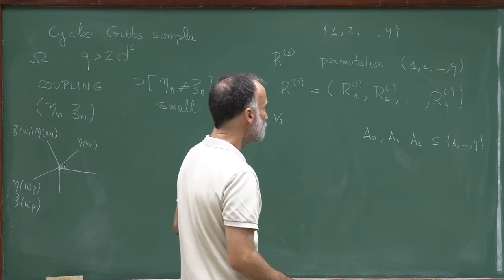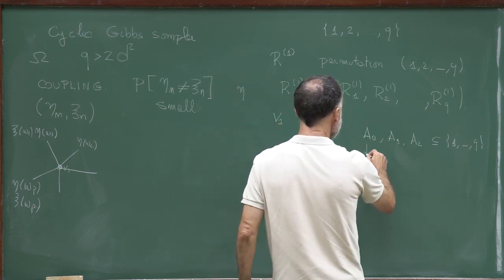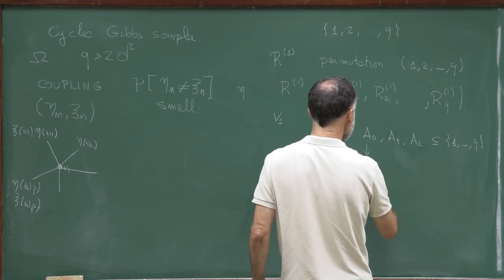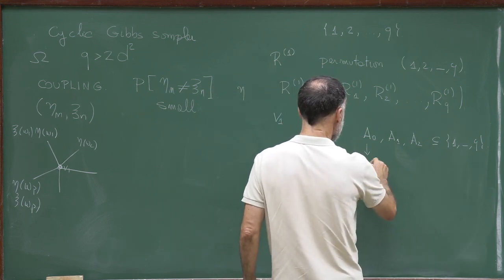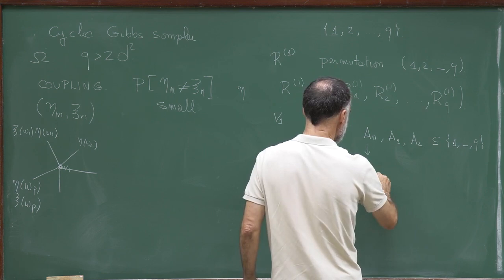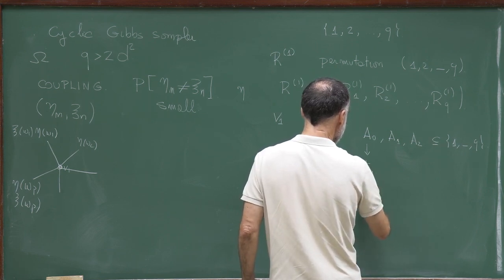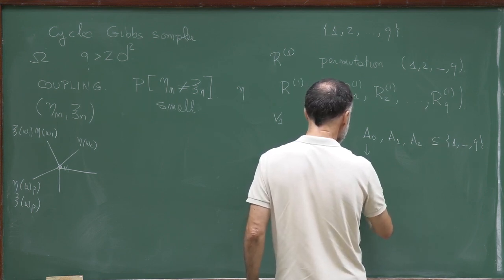So it's a partition. So A0 is the subset of colors which are not used by either eta or xi on the neighbors.